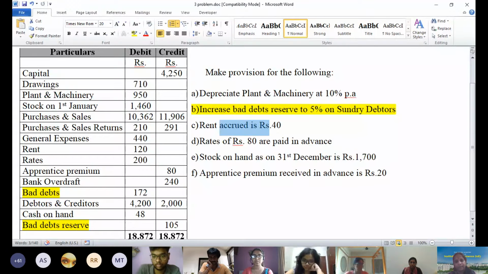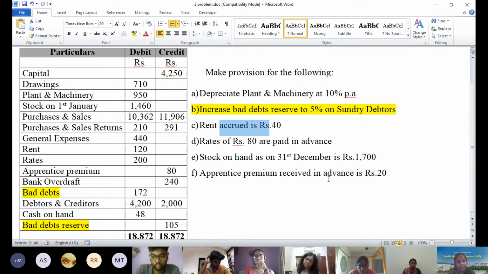The way I am reading the question: capital, drawings, plant and machinery, stock, purchase and sales return, general expense, rent, rates, apprenticeship premium, bank overdraft, bad debts, debtors and creditors, cash on hand, bad debt reserve. And depreciate plant and machinery. There is an increase in bad debt reserve. Rent accrued, we have to make sure the adjustment is done.